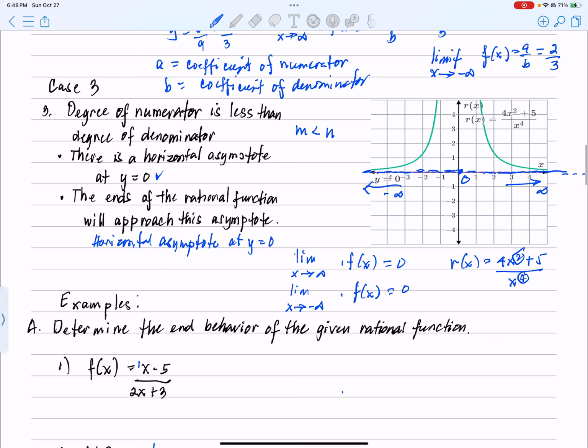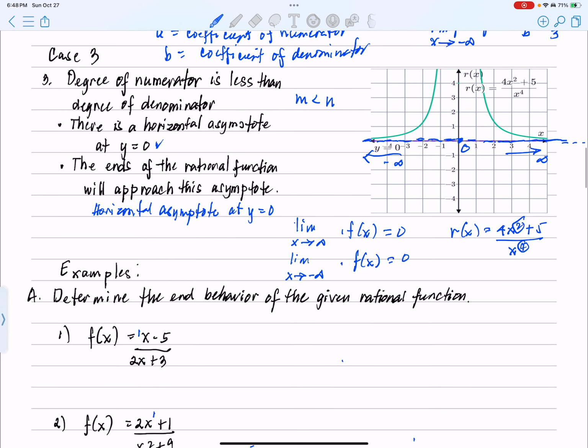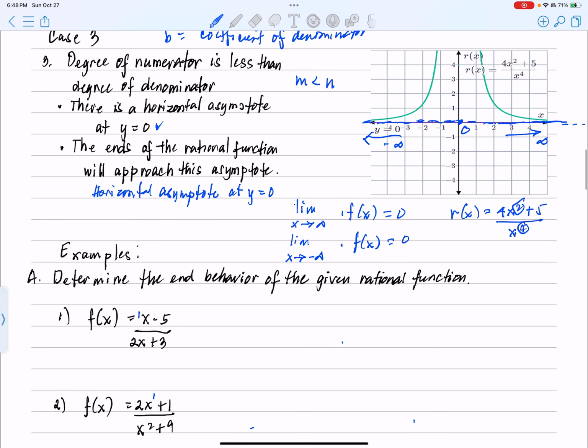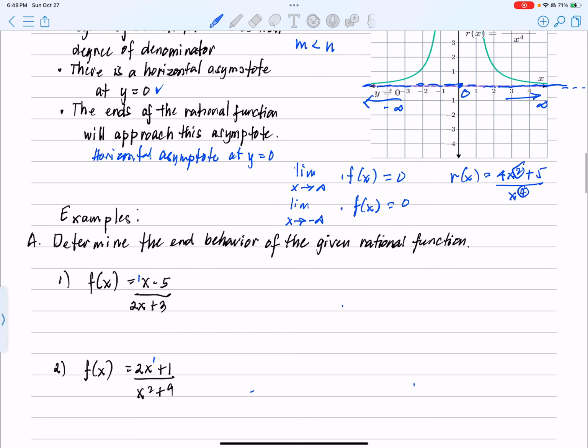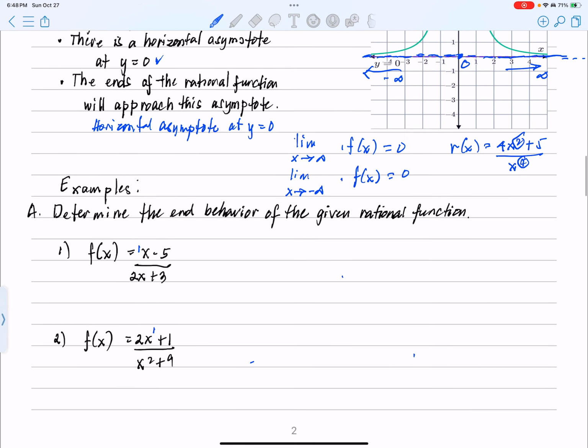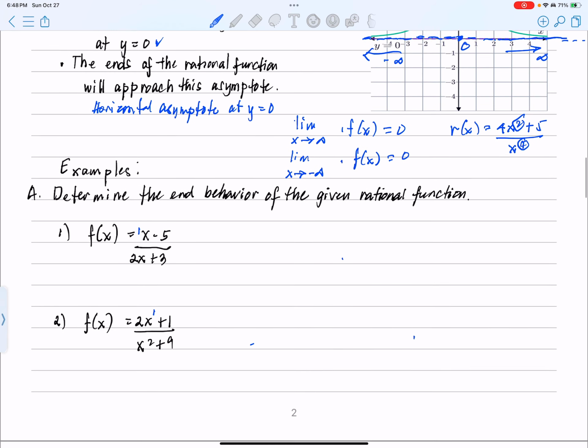So these are the 3 cases of rational functions and behavior. So let's follow those 3 cases and find out some examples here. Let's do example 1.